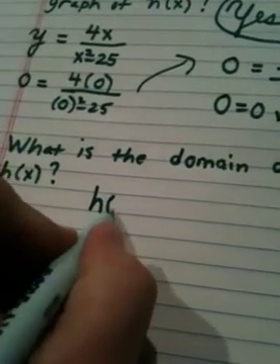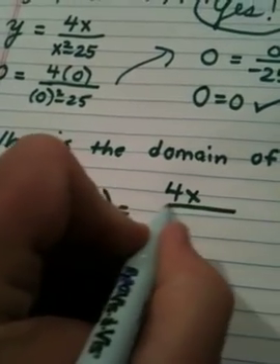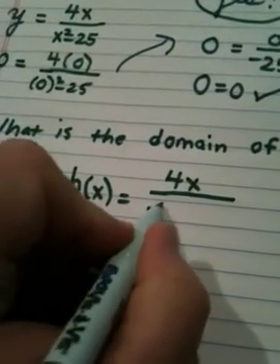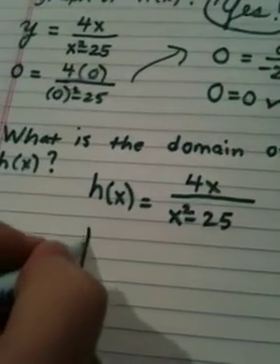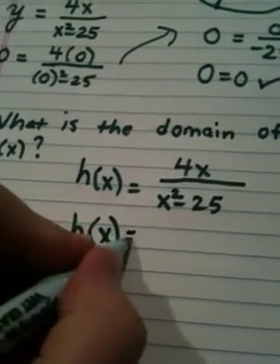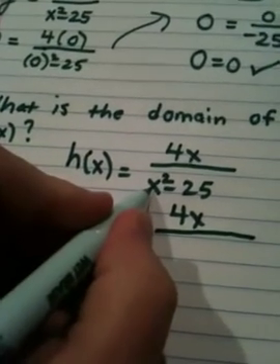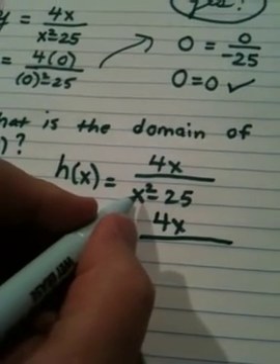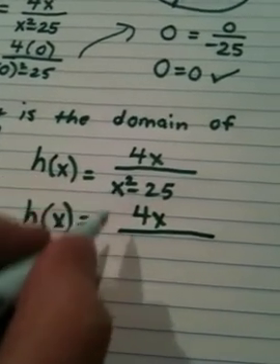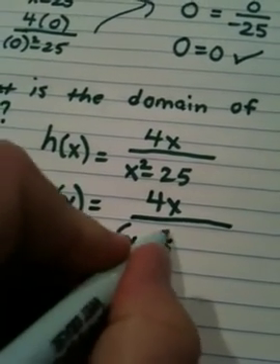Remember, h of x is a rational function. Now, the way I've taught you to find domains of rational functions is you have to look in this denominator and find your restricted values. The best way to find your restricted values here would be to factor first.